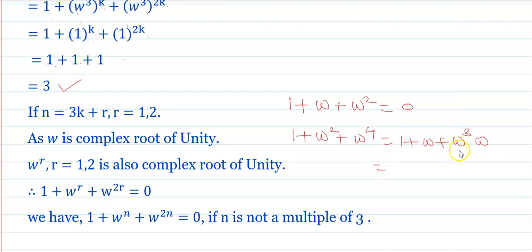Again the value of omega cube is 1. 1 plus omega square plus omega, and that's equals to 0. And hence, if n is not a multiple of 3, then the value of 1 plus omega raised to n plus omega raised to 2n is equals to 0.